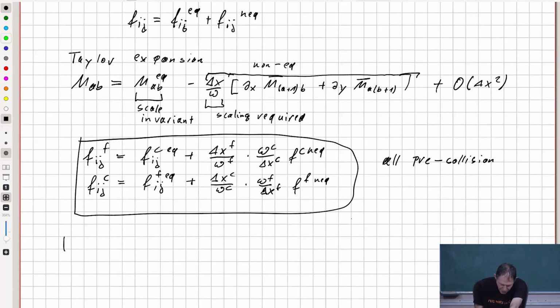So the first methods that used this kind of interpolation actually did this on the post-collision part. So this made other people very happy because they could write a paper by saying, oh, we just do it on the pre-collision and so we are so much better.